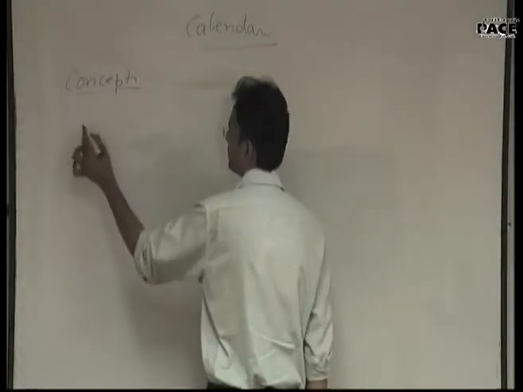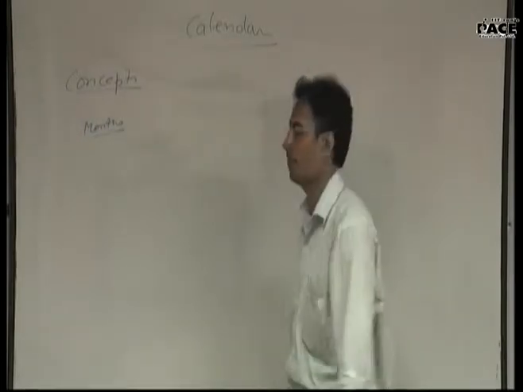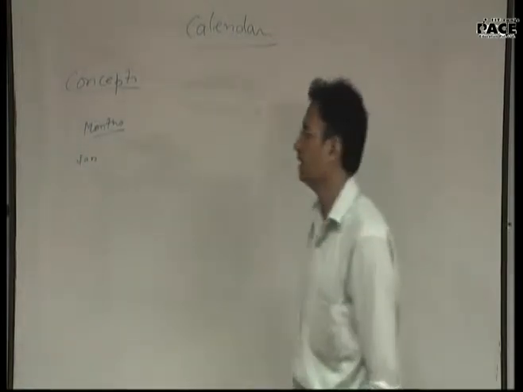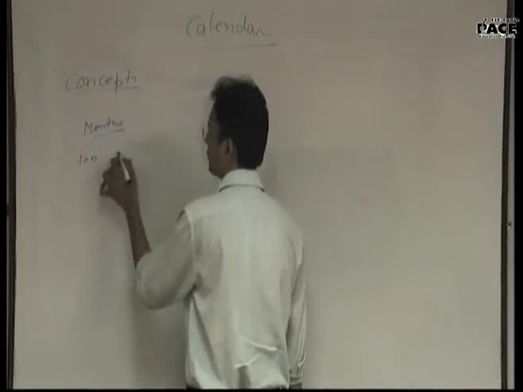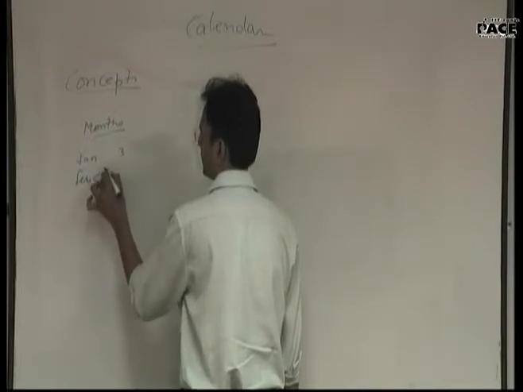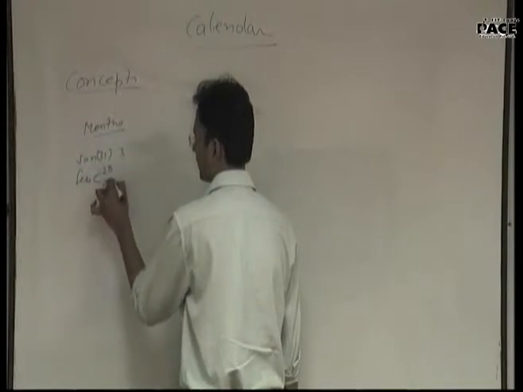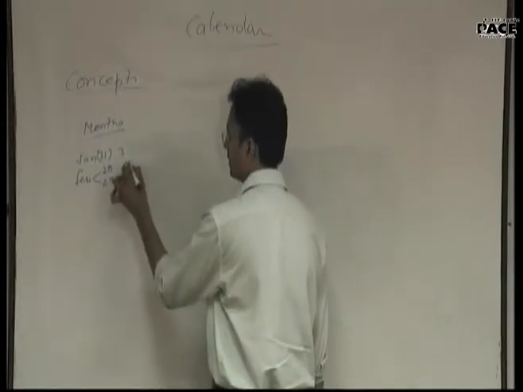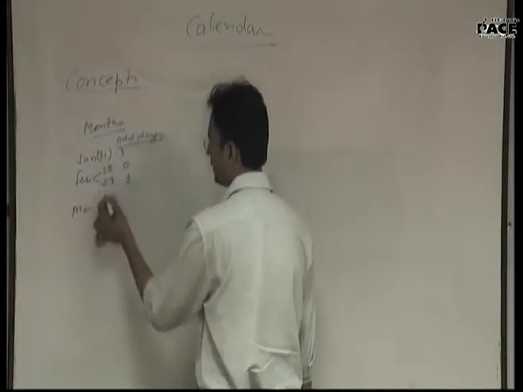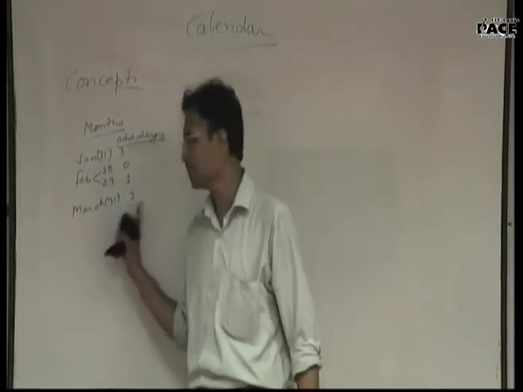Counting the odd days for months. January has 31 days, so 3 odd days. February, when there are 28 days, 0 odd days, and when there are 29 days, 1 odd day. March, again 31 days, 3 odd days: 7 into 4, 4 complete weeks plus 3 odd days.